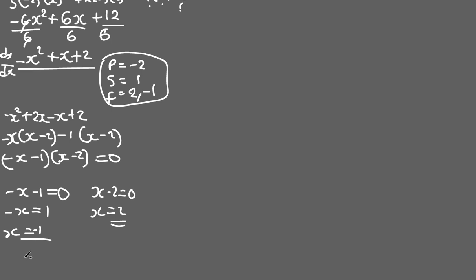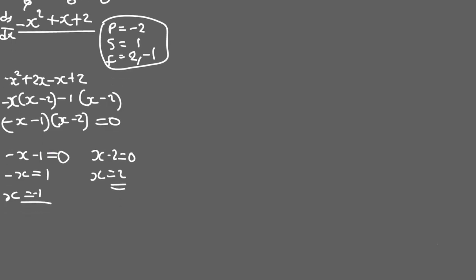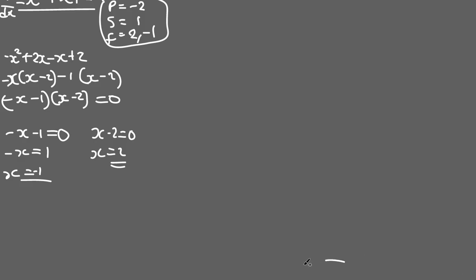So in this case, we'll go back to our original equation, the equation on top, which is -2x to the power 3 plus 3x squared plus 12x plus 27.